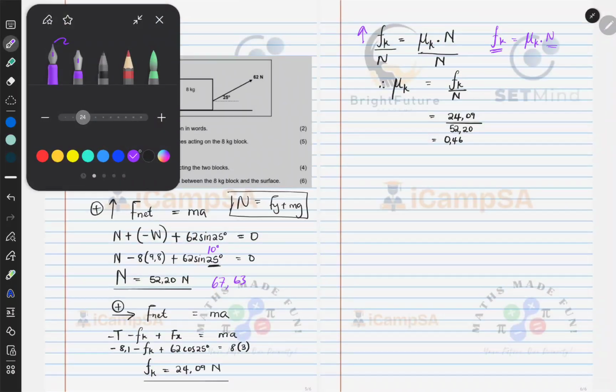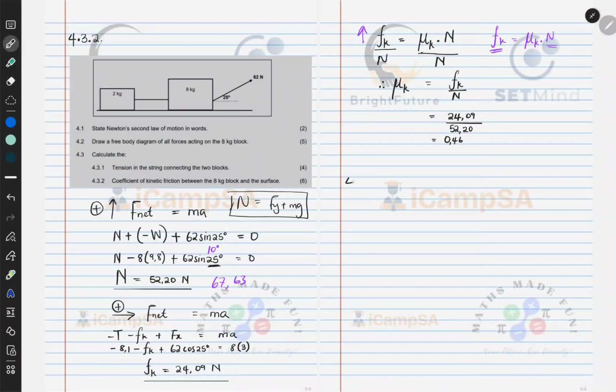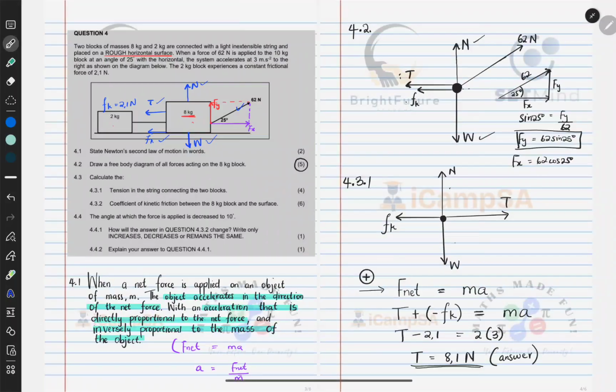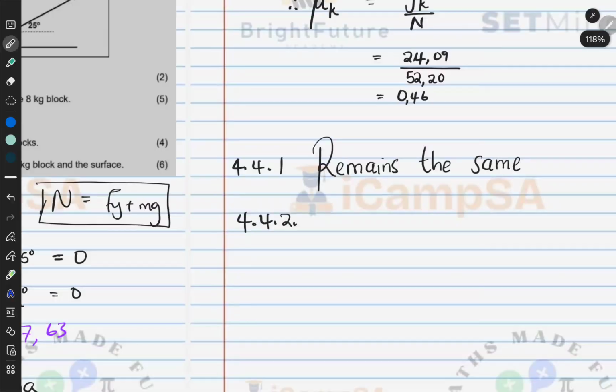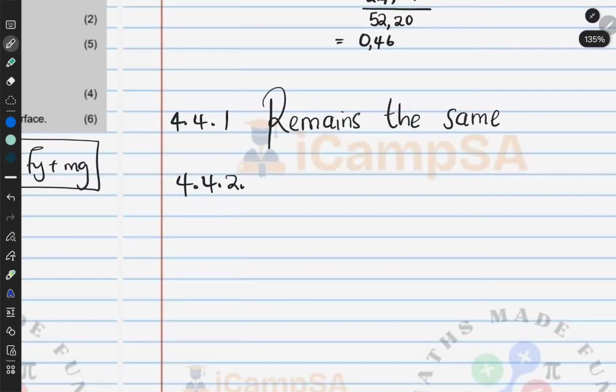So for 4.4.1 we say it remains the same. And then 4.4.2, that's where they want our reason. I said because it's only dependent on the type of surface.